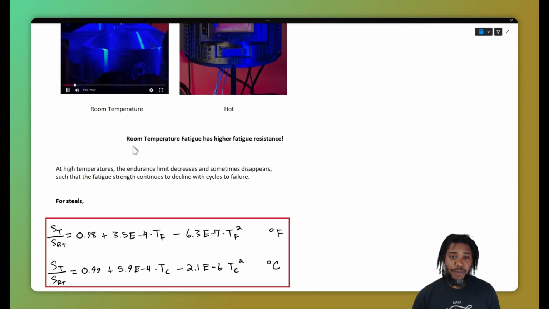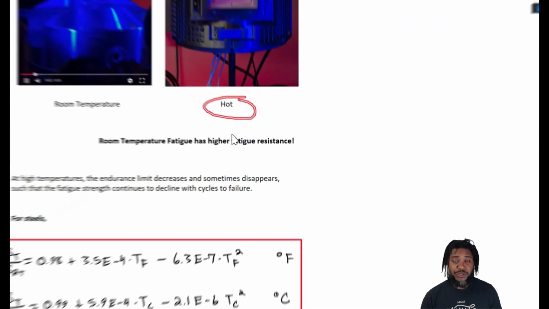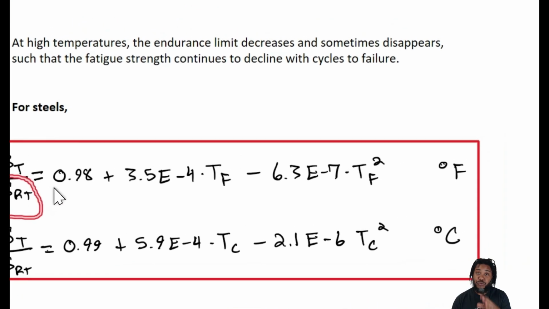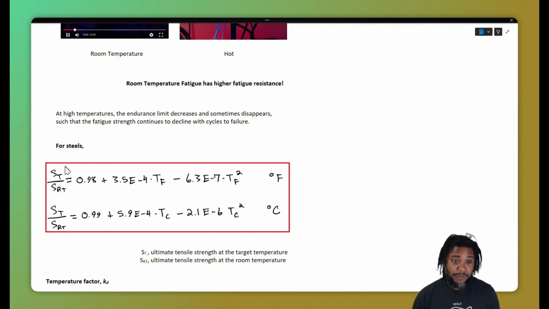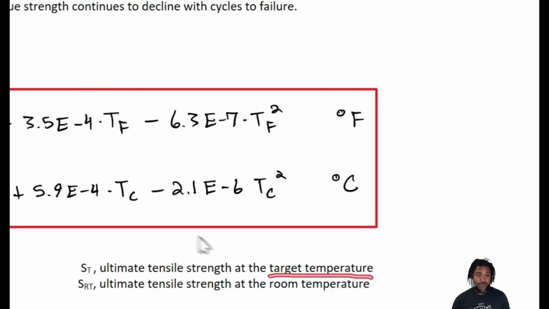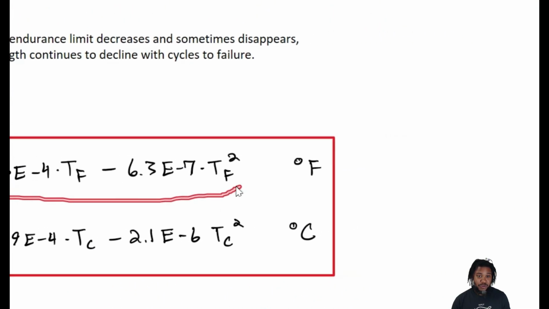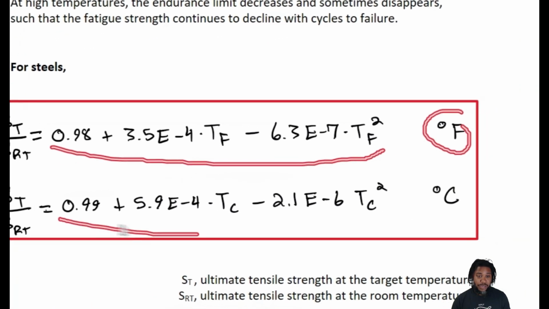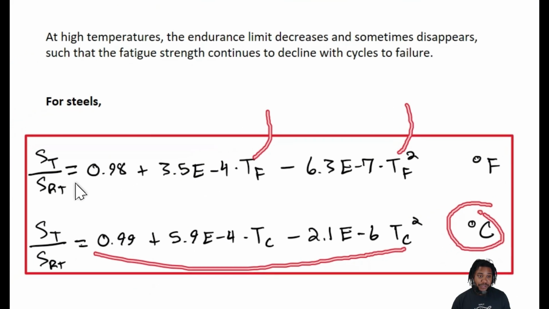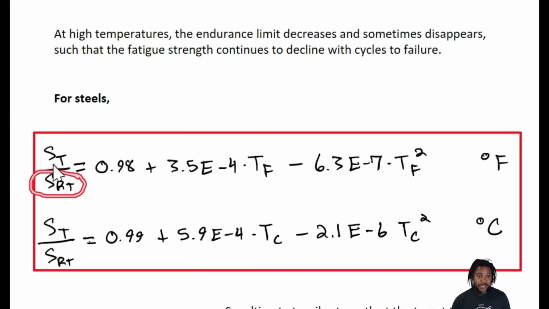So how do we incorporate the effect of temperature into our endurance limit? Well, for steels, what we can simply do is replace the room temperature strength, the room temperature ultimate tensile strength, with the elevated temperature strength, the strength at a targeted temperature, where given a polynomial in Fahrenheit or a polynomial in degrees Celsius, we can simply put in the temperature that we know, put in our room temperature strength, and determine our target temperature, the elevated temperature strength.